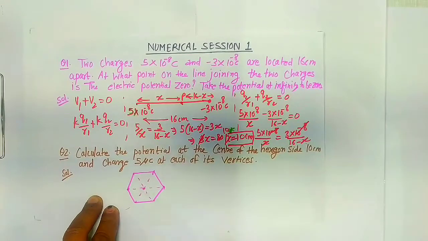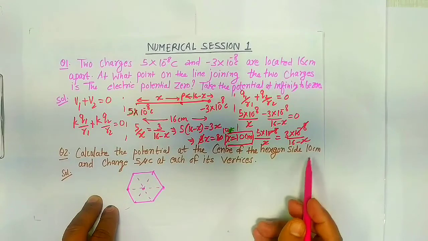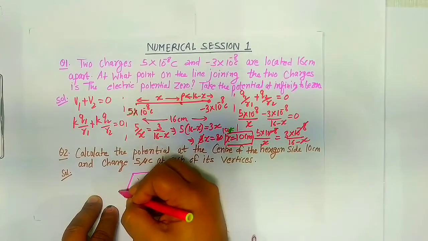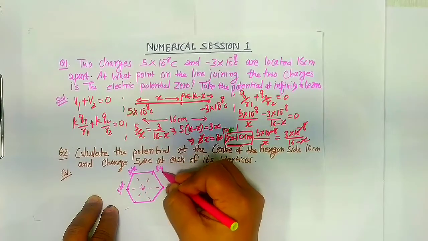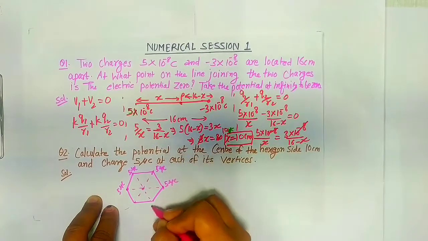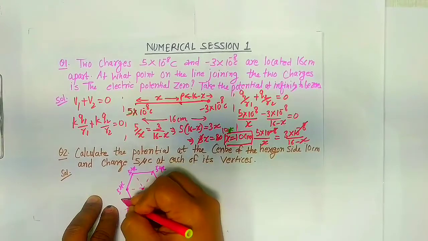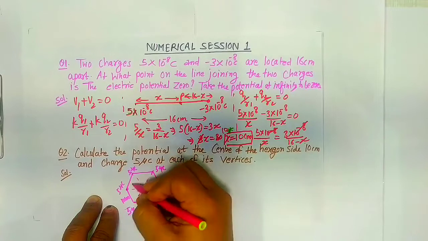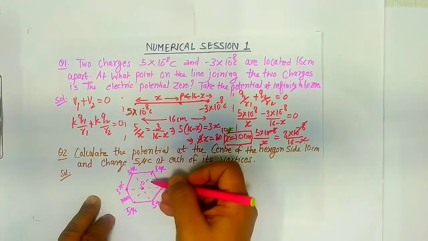The sides are the same. So we have 5 microcoulomb on all the vertices, and the side is 10 centimeter. That means all the distances from the center will also be 10 centimeter, an equilateral triangle.